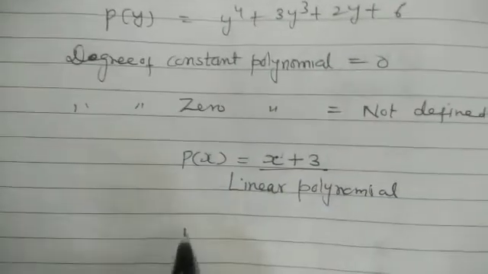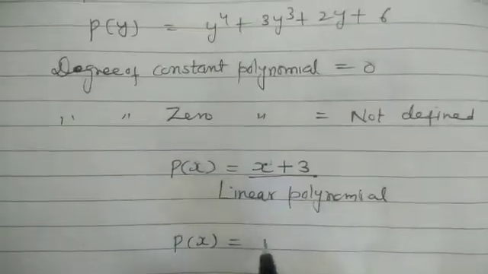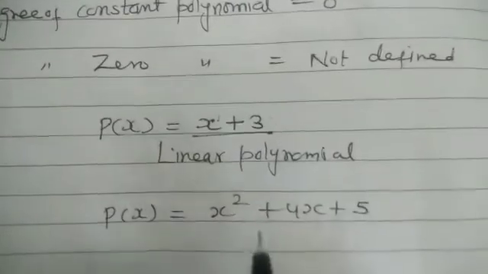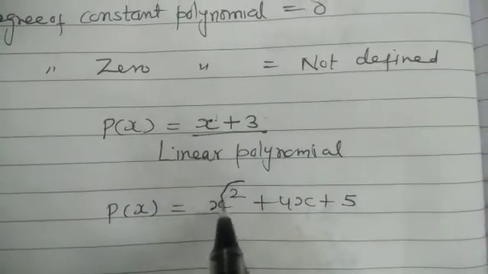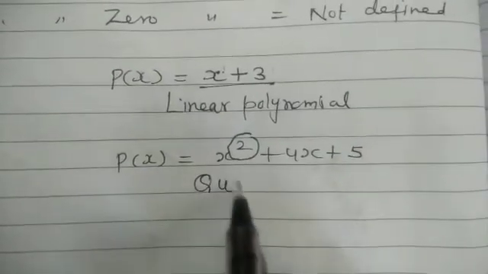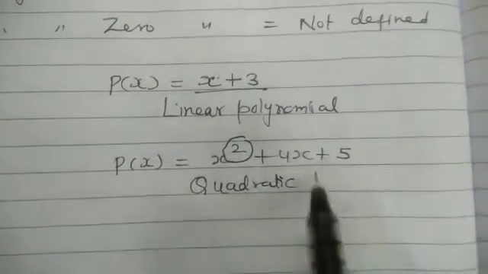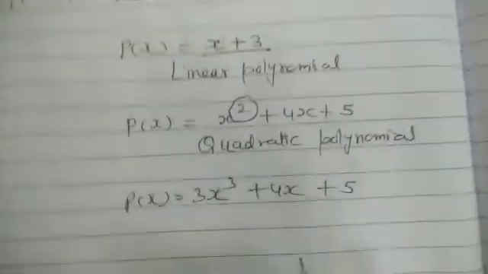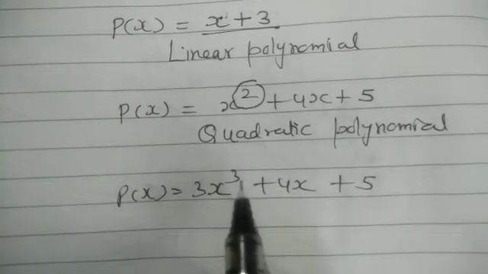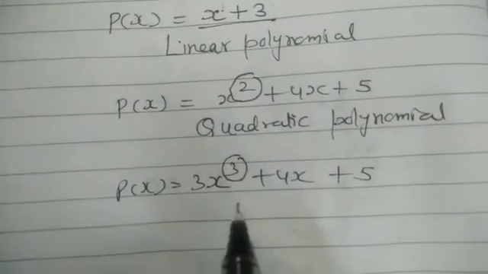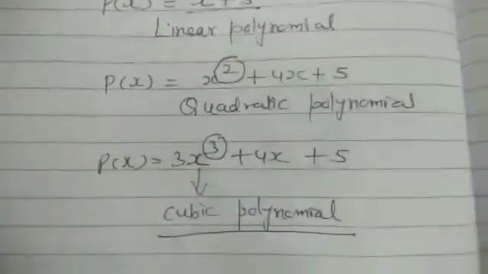If I have polynomial like this, x square plus 4x plus 5, here you can see degree of the polynomial is 2, so this type of polynomial is called quadratic polynomial. If degree of the polynomial is 3, then this is called cubic polynomial.